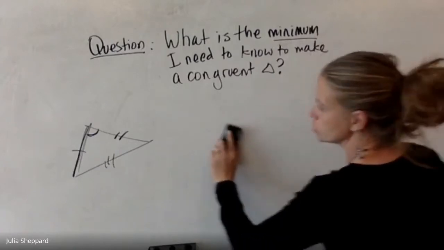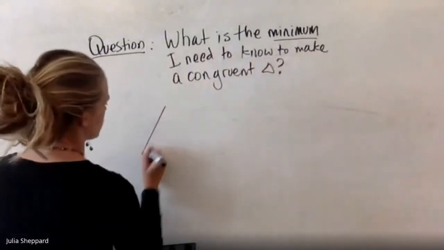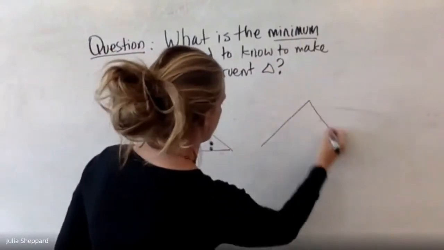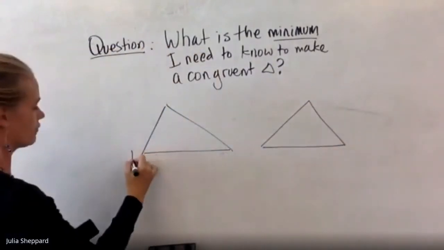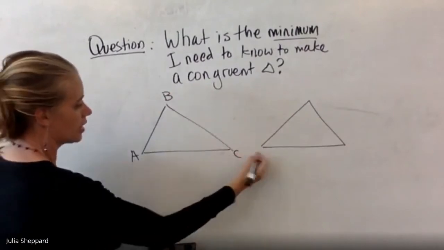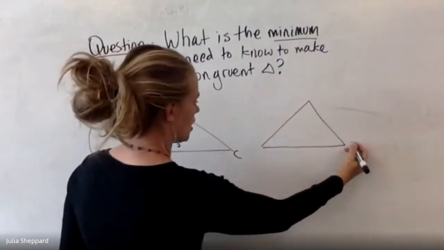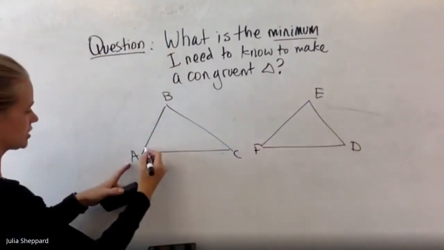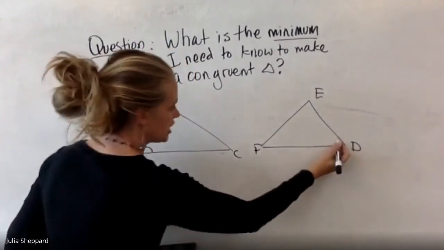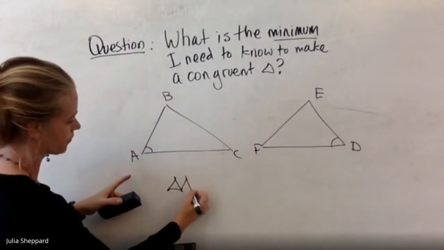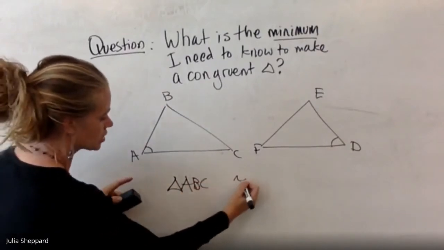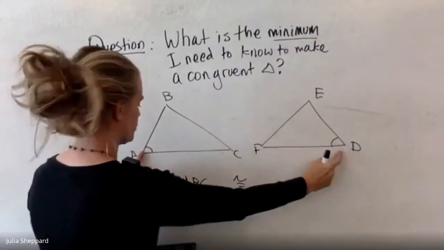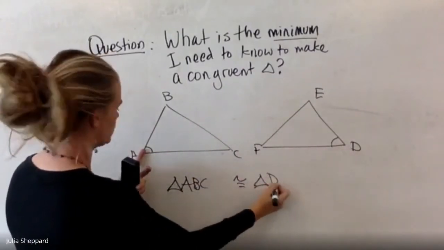All right, and so before we do our theorems, which are basically what I just showed you, I want you to understand how to label triangles and how corresponding parts are very, very important. So if I have triangle ABC and I want to say it's congruent to DEF, I would need to say A is congruent to D. So I'd say triangle ABC is congruent to, and this is important especially because this one's reflected, so if A goes to D, then I need to put the D first.